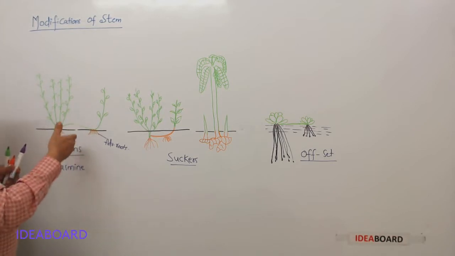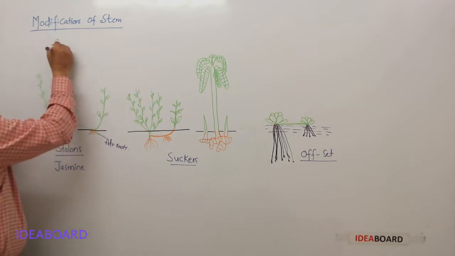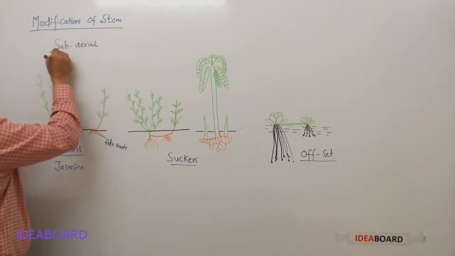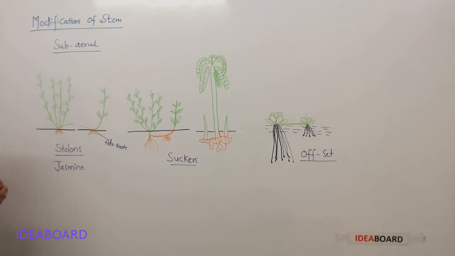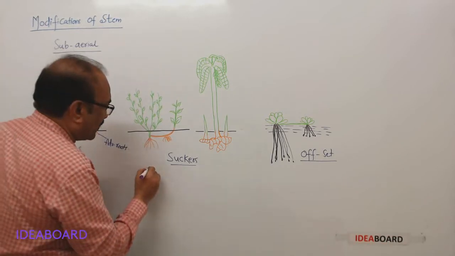Like that, these stolons are helping the plant in what? Vegetative propagation. So, subaerial stem modifications also help in vegetative propagation. That point you have to understand. Subaerial stem modifications.